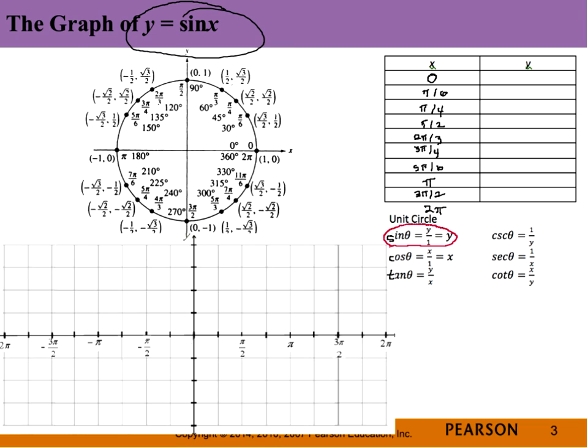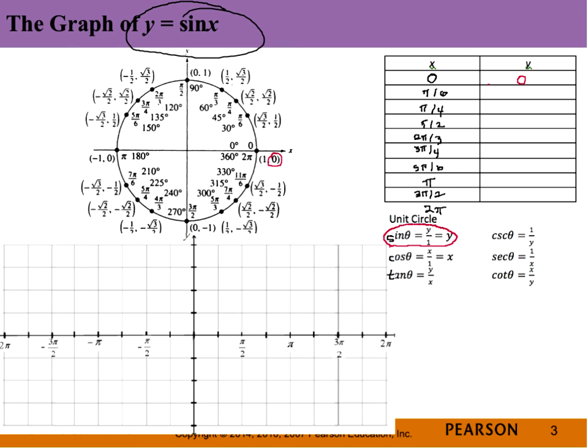So if we have the sine of an angle that is 0 degrees, then you can see right there that the y-coordinate for that point is 0. So pi over 6, I'm just going to go around and grab these y-coordinates for these particular angles, and I'll show you what angle I'm talking about.